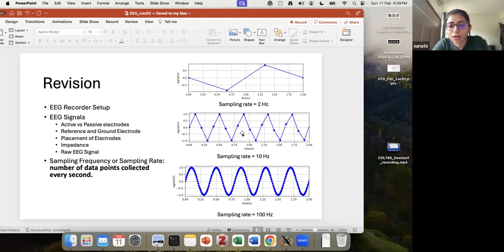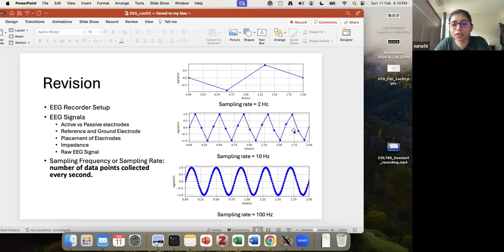If I did 20 measurements in 2 seconds, what is my sampling rate? Yeah, so sampling rate becomes 10 hertz.